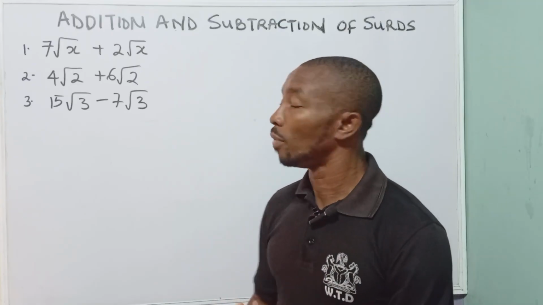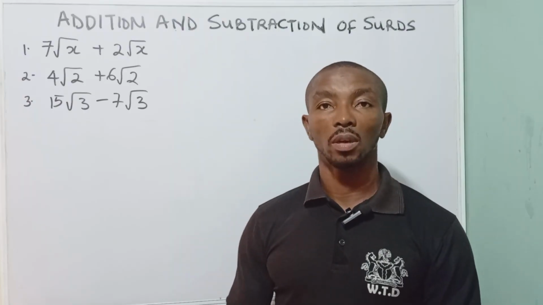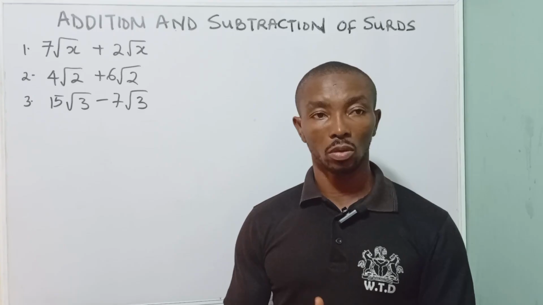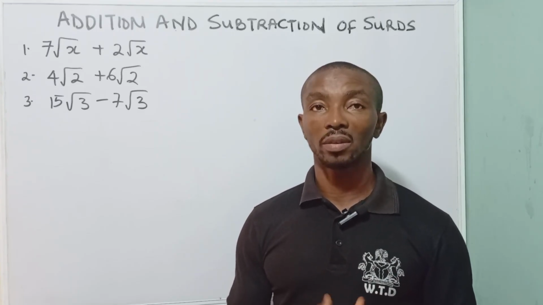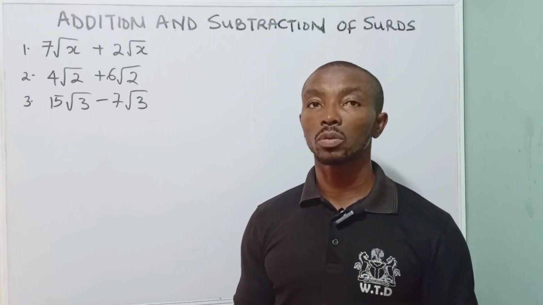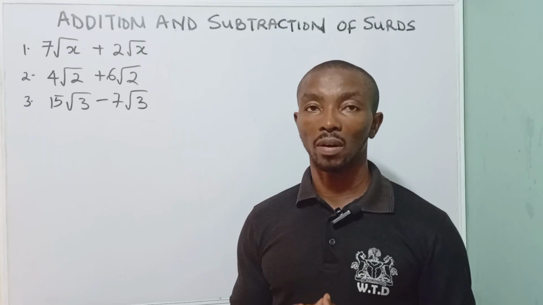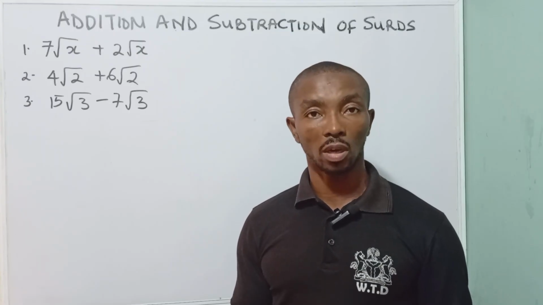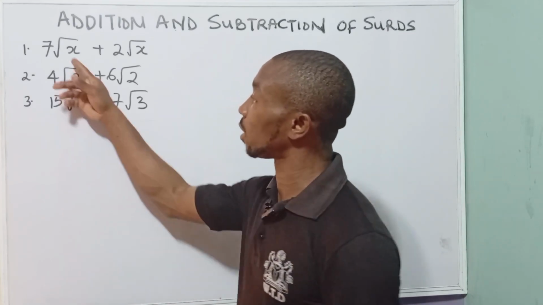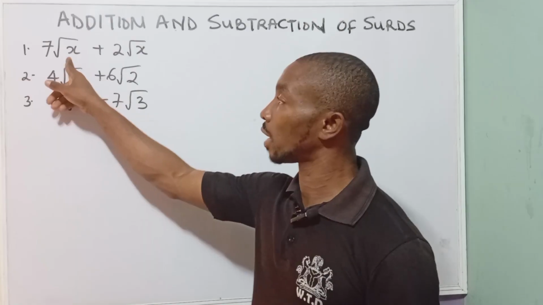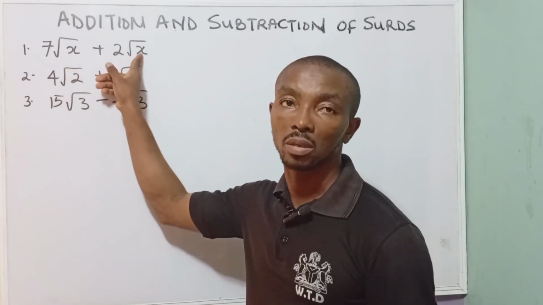Now, the basic thing to understand in your operations in surds, be it addition or subtraction, is that the digits or letters in the root sign must be the same. For example, in example 1, we have root x and root x.